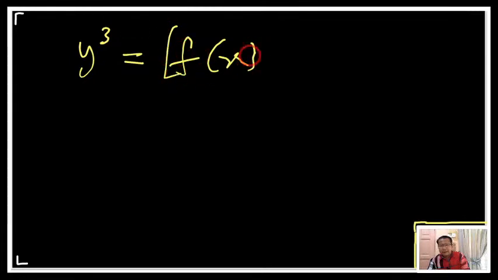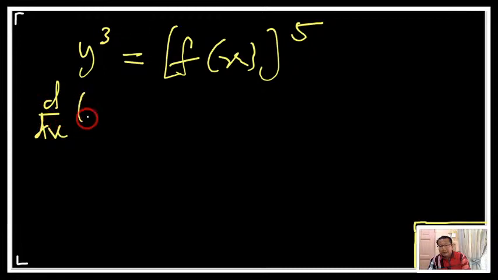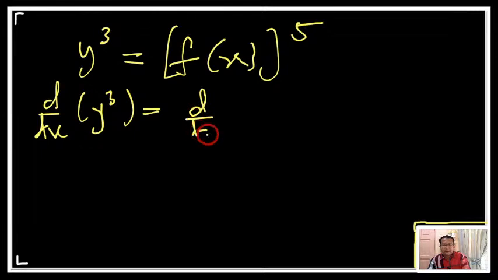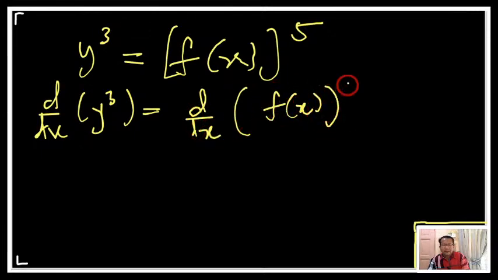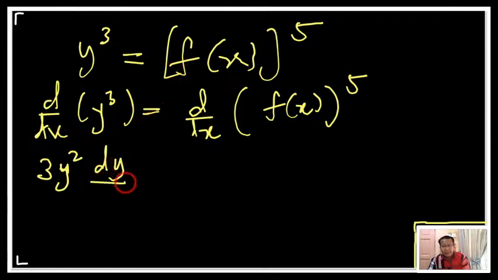Let's say now you have y cubed equal to f(x) to the power 5. So you d/dx here. If you find the derivative, you have 3y squared. Since y is a function of x, you have dy/dx.